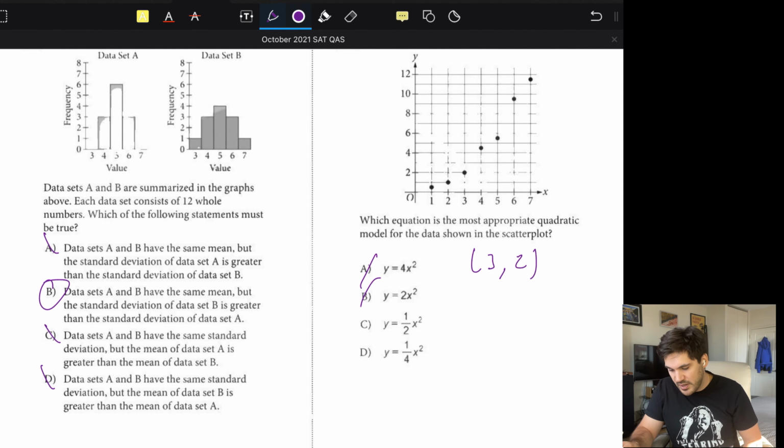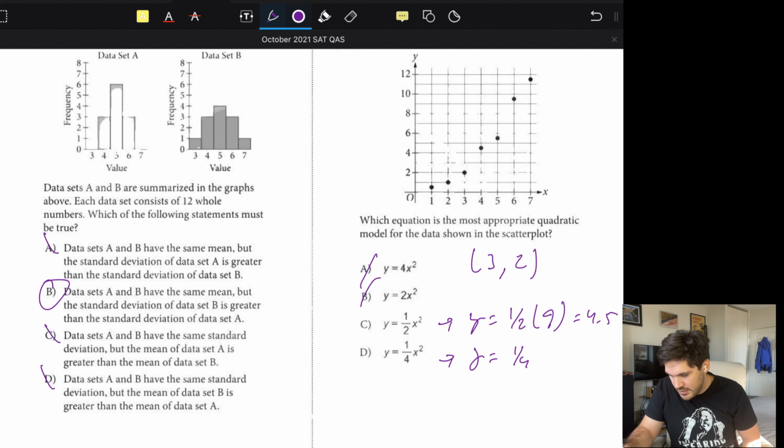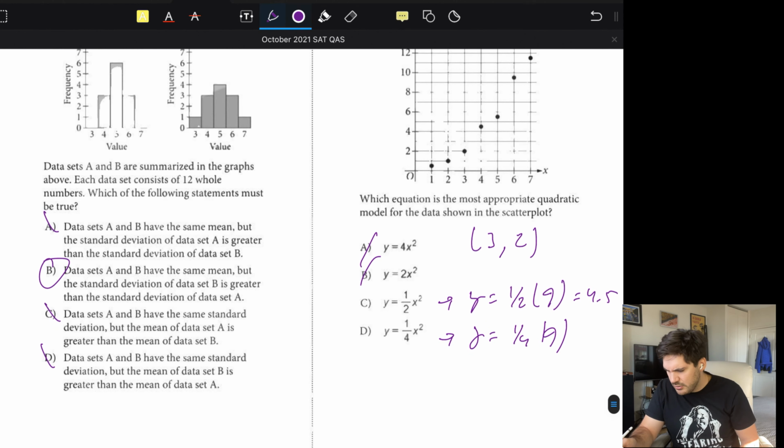And then we could just try out C and D. This would give us y equal to 1/2 times 9, which is 4.5. That looks too big. And this one's going to be y equal to 1/4 times 9, which is roughly 2. Yeah, roughly 2. So D is the more correct answer. You could plug in another point if you're unsure, but D should work.